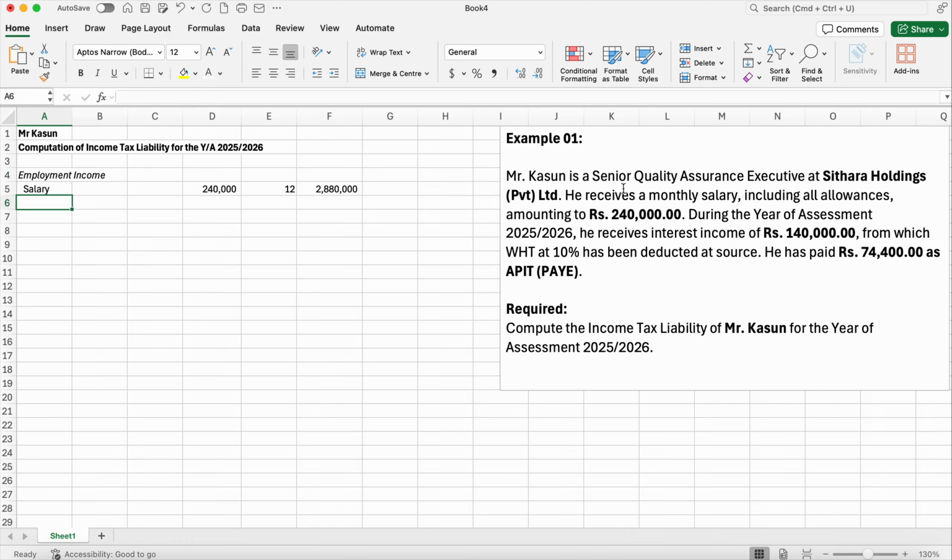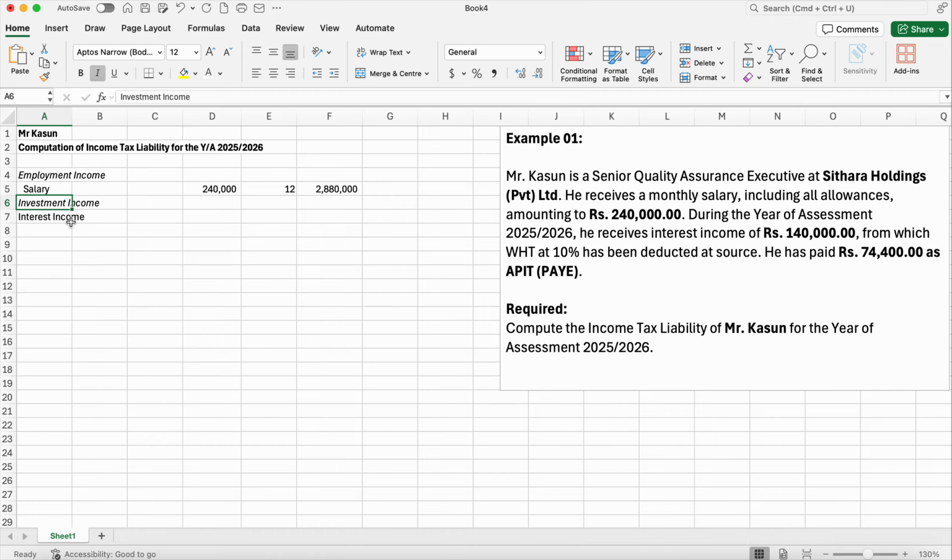The next one is the interest income he received. Interest income, which falls under which category? Investment income. Interest income, the main category is investment income.